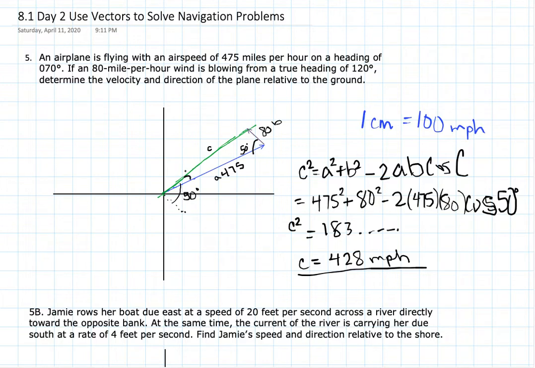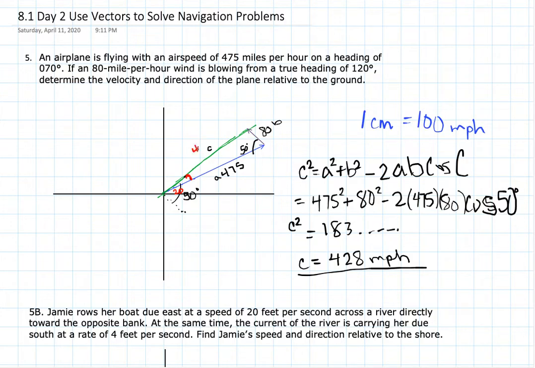So if we figure out this angle in here, I'm going to switch colors. If we figure out this angle in here, we should be able to figure out this whole angle because we already know that this is 20 right here. Okay, so let's use the law of sines because now we know enough information.